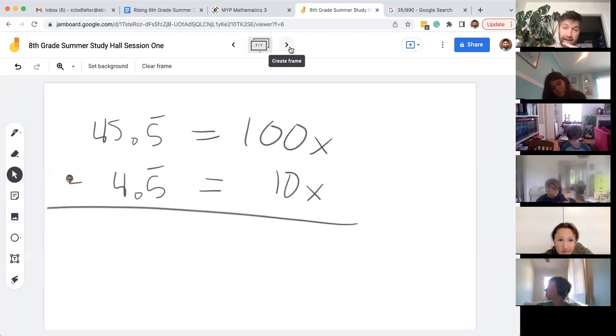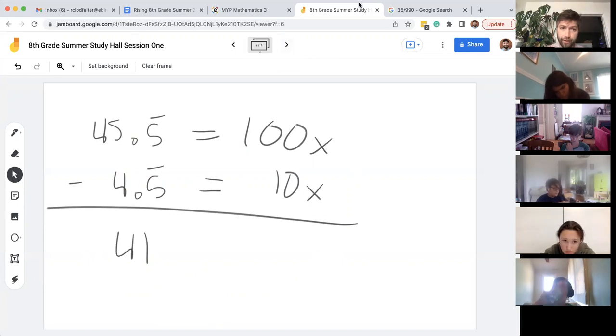Subtracting the smaller from the bigger, the 0.5s repeating forever just negate into 0, which is the point of doing this. And 45 minus 4 equals 41. So that's how I end up with 45.5 repeating forever minus 4.5 repeating forever equals 41.